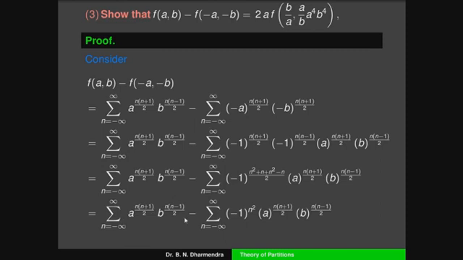So therefore it can be rewritten as the summation n from minus infinity to plus infinity a to the power of n into n plus 1 by 2 into b to the power of n into n minus 1 by 2 into 1 minus of minus 1 whole to the power of n square.